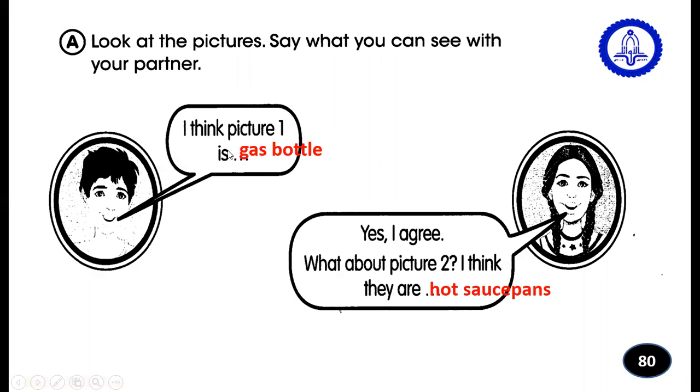Hiba said, yes, I agree. What about picture 2? I think they are hot saucepans. Here, because saucepans is plural, we said they are hot saucepans. So this was Activity A.